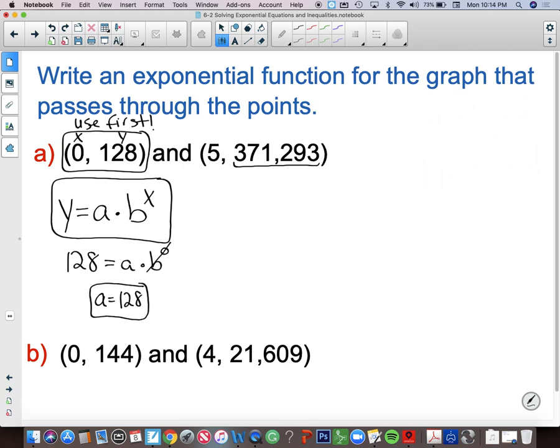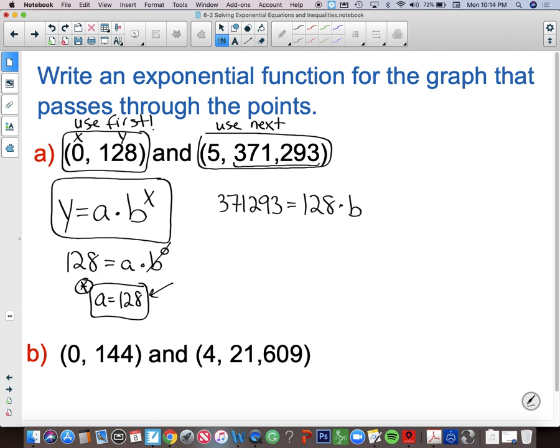Now we're going to utilize the second set of points with the a. So this one we're going to use next. We have 371,293 for my y value. The a, we just figured out, is 128.